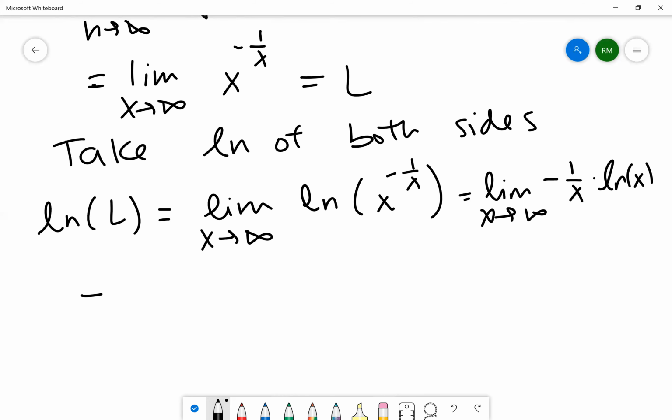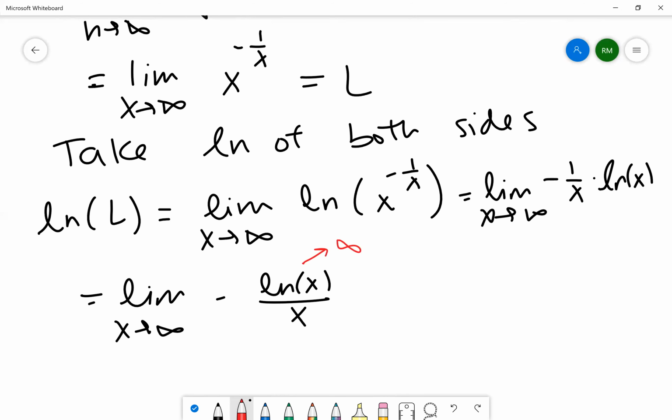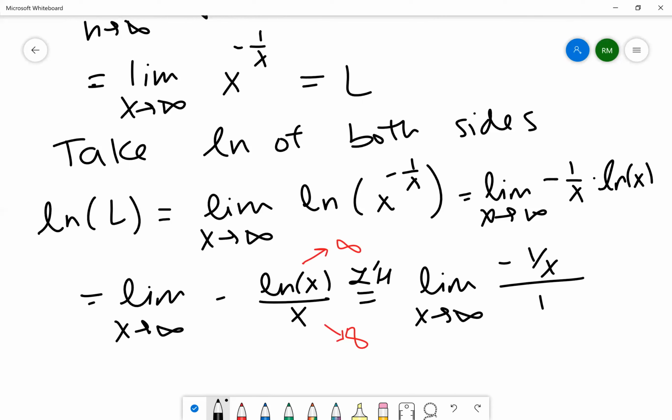And we can rewrite that as the limit as x goes to infinity of negative natural log of x over x. Well, we see that the numerator is going to infinity and the denominator is going to infinity, and so we can use L'Hopital's rule to obtain, this is the limit as x goes to infinity of minus 1 over x over 1, and clearly that limit is 0.